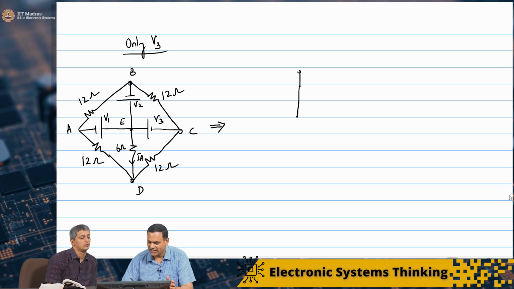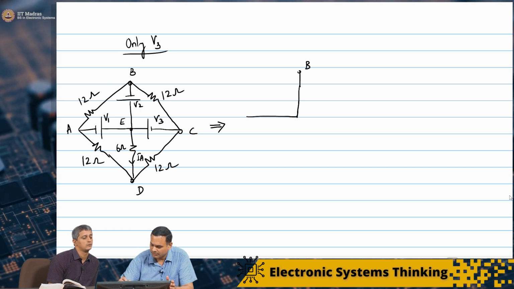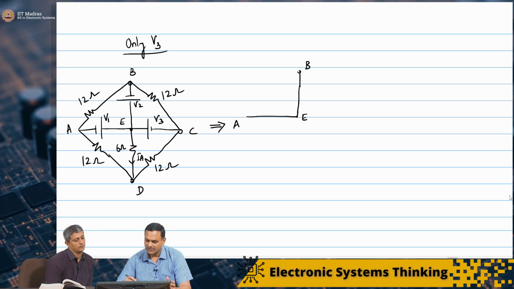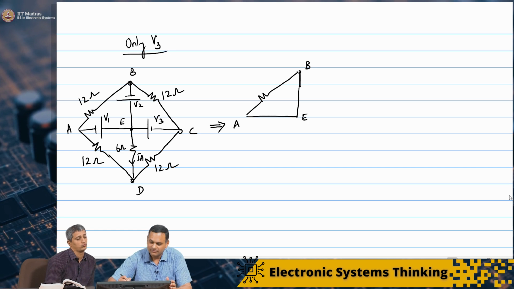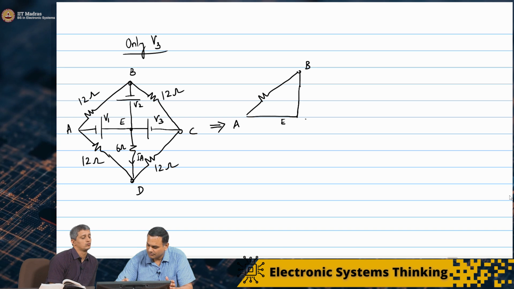B is shorted to E and to A. V1 and V2 are gone. I have 12 ohms, and this is E.